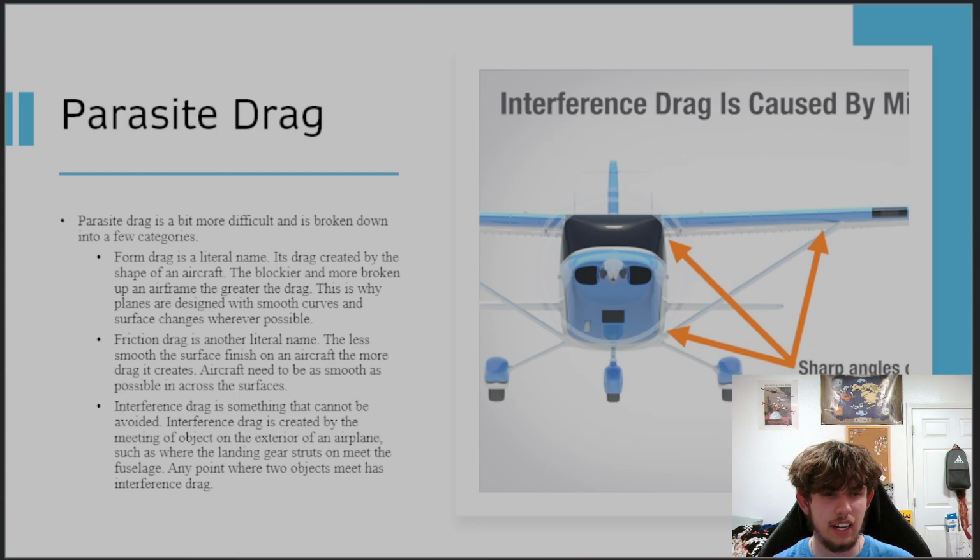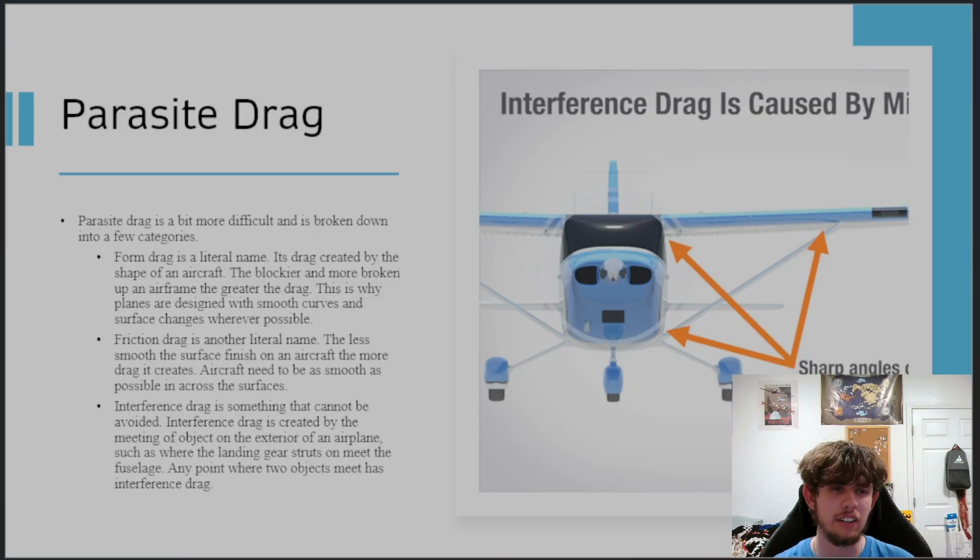Parasite drag is broken down into a few more categories than induced drag. There is form drag, which is drag that is generated specifically by the shape of the aircraft itself.